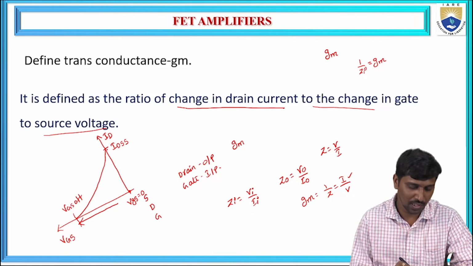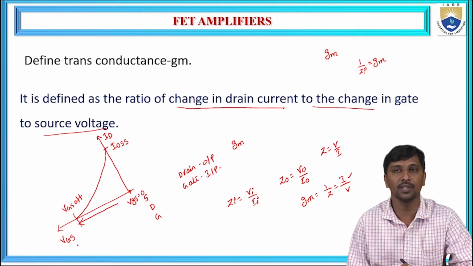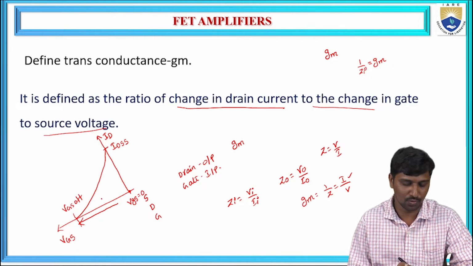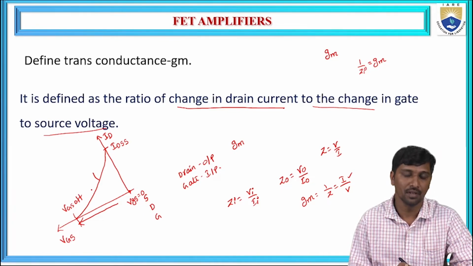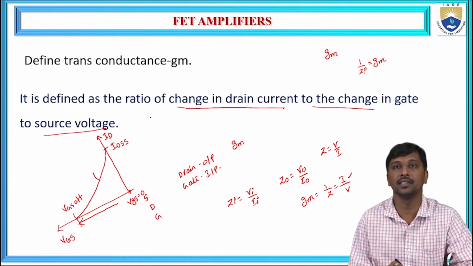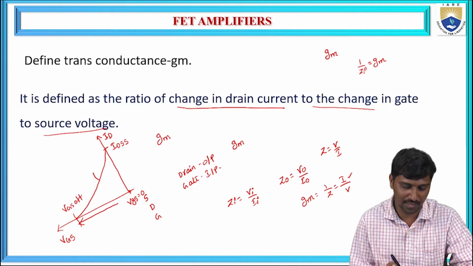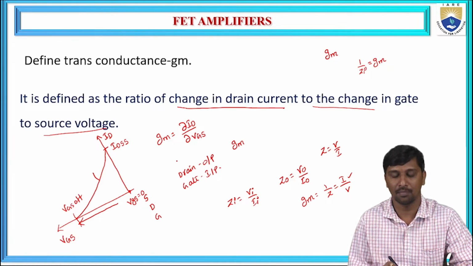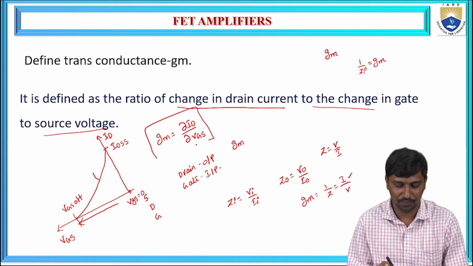Now we need to define how the drain current changes with respect to the change in gate to source voltage. That is the slope, and this slope is also defined as the transconductance GM. So GM is the rate of change of drain current to the rate of change of the applied input voltage between gate and source.